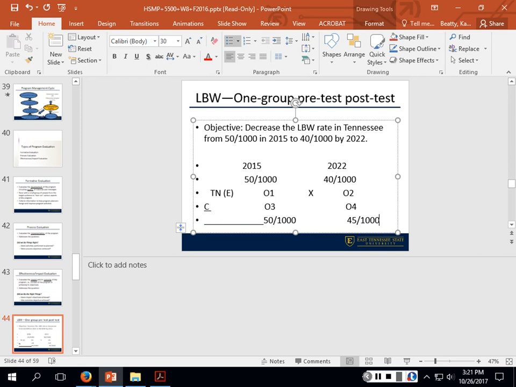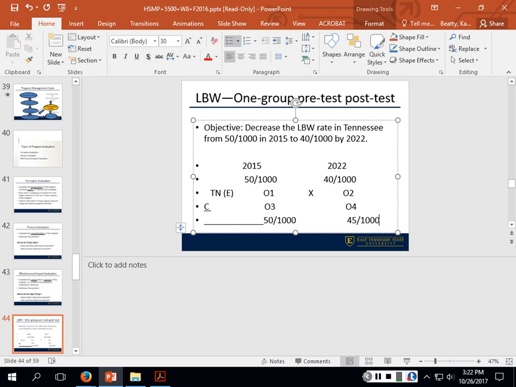That the improvement wasn't completely due to our intervention. Yeah, speak up. That the improvement in rates wasn't solely based on our intervention. That the improvement in the low birth weight rate in Tennessee was not solely due to our intervention, right?